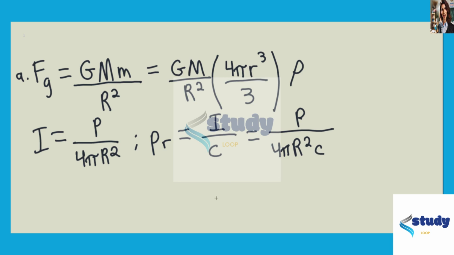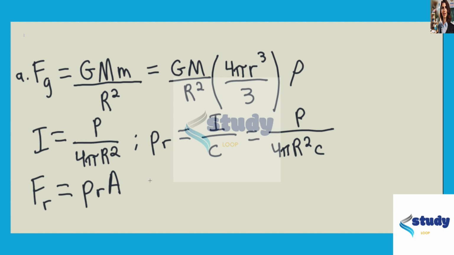Now, all of the radiation that passes through a circle of radius r and a cross-sectional area of A equals pi r squared would be the force of the radiation. This would be equal to the radiation pressure itself multiplied by the cross-section of the particle. If we're treating the particle as a sphere, A would be equal to pi r squared.